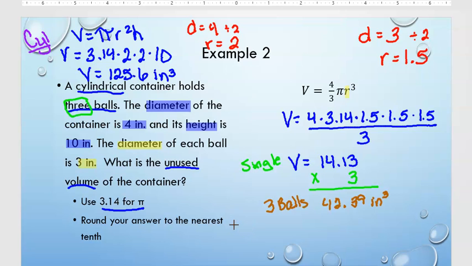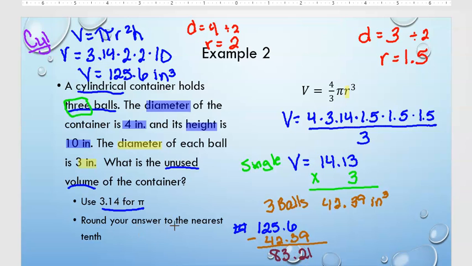I'm going to take 125.6, and I'm going to subtract out my 42.39. So I take 125.6 in my calculator, I subtract 42.39.